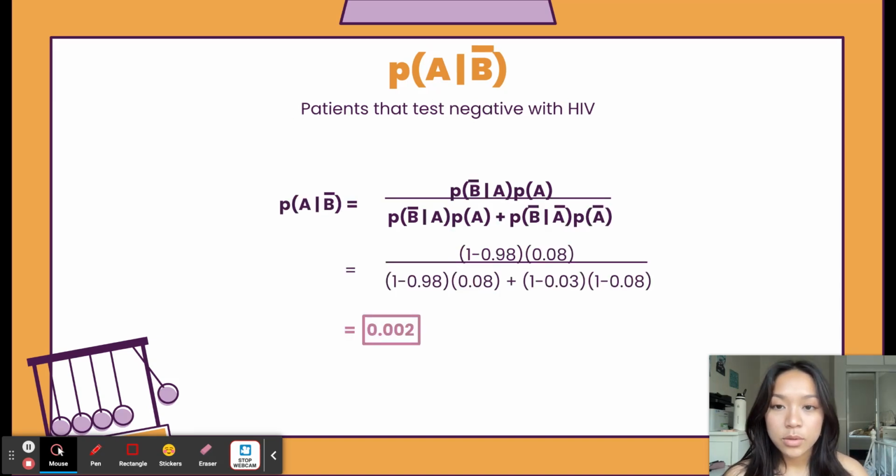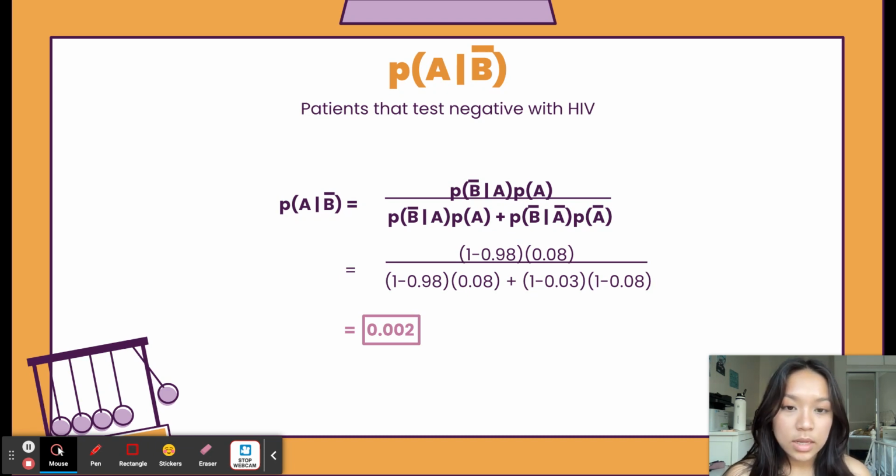Okay, so a new question that they have is patients that test negative with HIV. So this is going to be A given B complement. So we have our equation again. This one looks a lot more similar to the full version of Bayes' theorem, or the final equation that we derived. The only thing, let's see, what did they not give us? So a lot of the things here weren't given. The only data that we did use directly from the problem was A, and that was 8%.